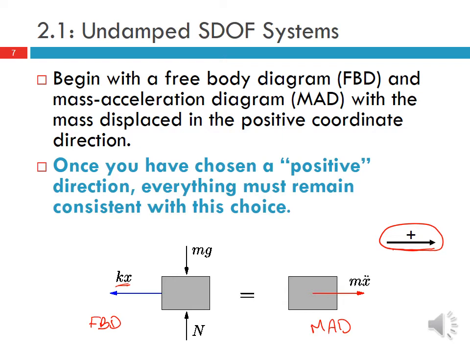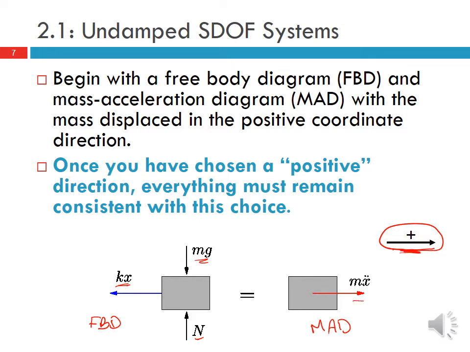We also have, in this case, the mass sitting on the ground, so we have the weight of the mass, mg, and we have the normal force, N. And then its motion is restricted to the horizontal direction, so the acceleration of this mass is in the positive coordinate direction, which is to the right.